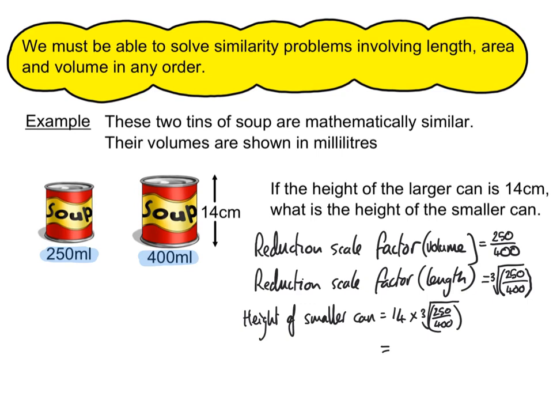So we should get there 11.97, and that is going to be centimetres because it's a length. It's really worthwhile just making sure that you pause the video here and double check you can actually put this into your calculator correctly and get this answer.